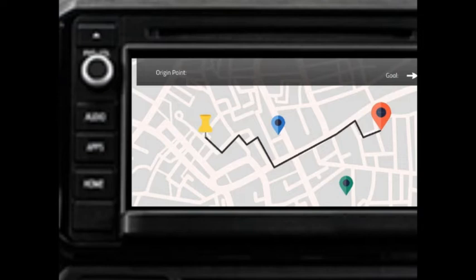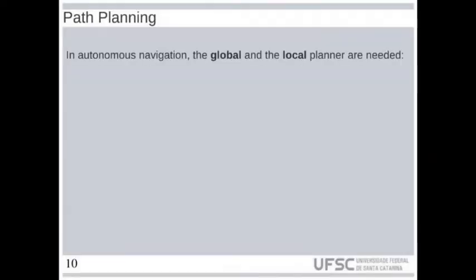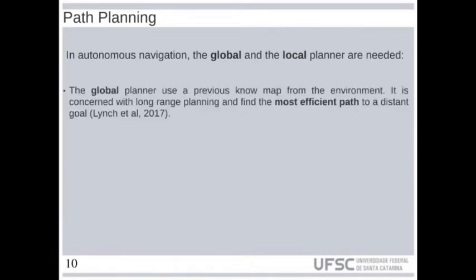That's what we usually use in Uber or other navigation systems, in HD maps or these applications. It's the shortest solution. The global path finds the feasible lanes, the feasible roads, and this is how path planning is divided: global and local planners.